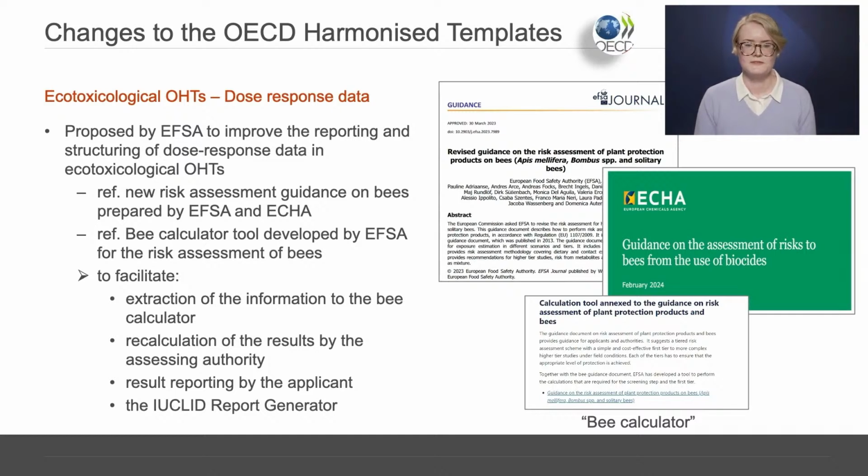So to facilitate the extraction of information to the bee calculator, but also in a more general context to facilitate the recalculation of the results by the assessing authority when needed, to facilitate result reporting by the applicant in a more structured and harmonized manner, and also the reporting of the information by the EUCLID report generator.